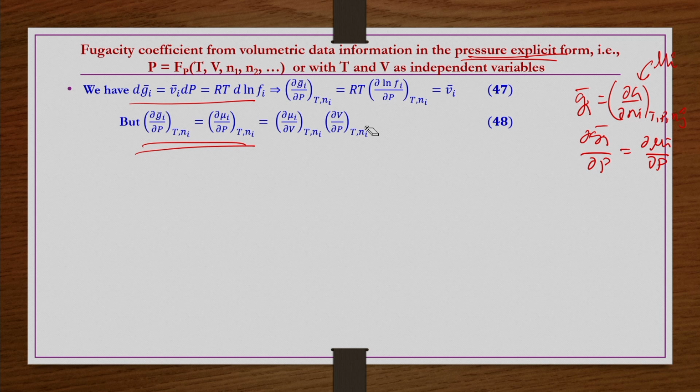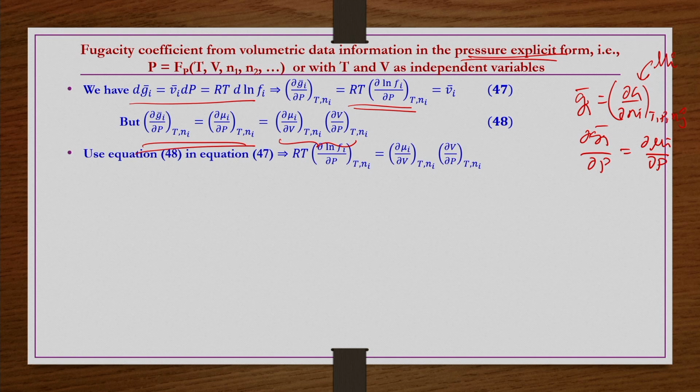So, that means here in place of this, RT ∂ln fi/∂P is nothing but this particular thing now. By combining these two equations, what we get: RT ∂ln fi/∂P at constant temperature and composition is nothing but ∂μi/∂V multiplied by ∂V/∂P.